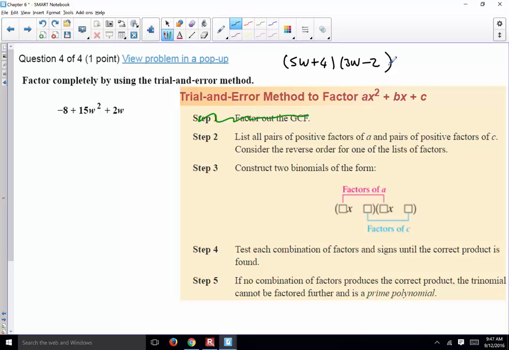Any different answers? Yeah, 3w plus 2 and 5w minus 4. Any third answer? I'm not gonna tell you which one is right, you will see in the end.